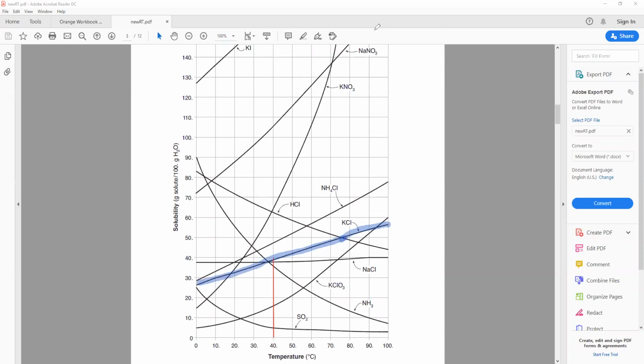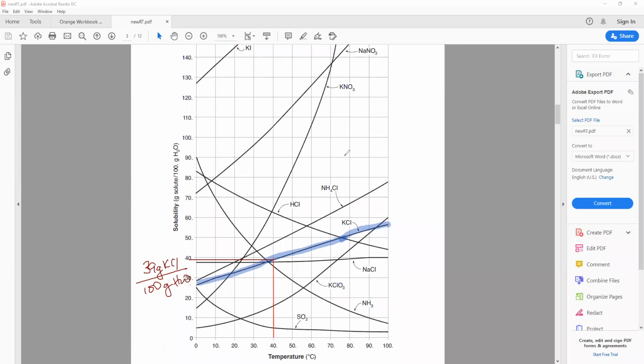Okay, so we're going to see if we go across. Now let's go across. We're going to see that approximately, I don't know, 39 grams of KCl need to dissolve in 100 grams of water.